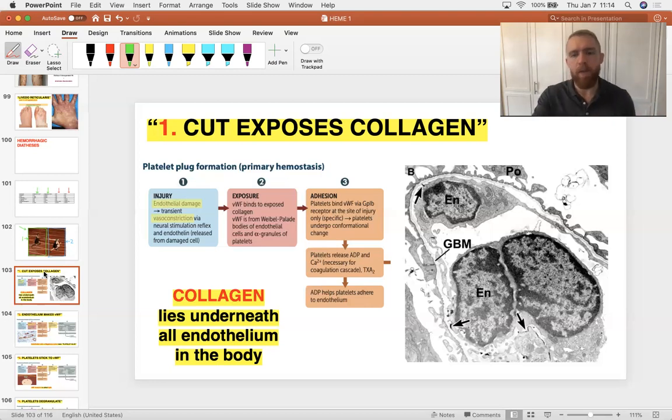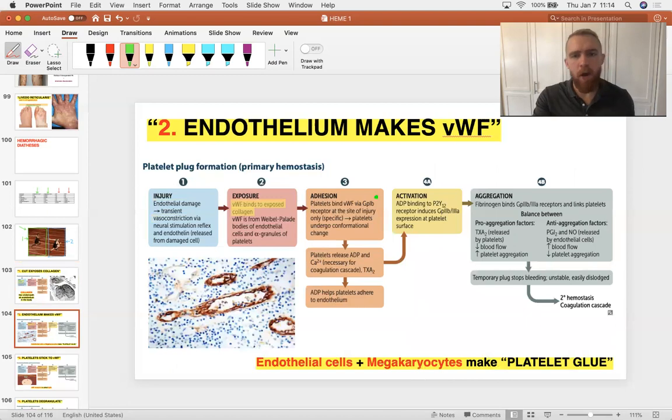Now what? Well, endothelium also makes this component called von Willebrand factor, which is just glue. It's platelet glue, and it's supposed to help platelets stick to the wall of an injured blood vessel. And endothelial cells make von Willebrand factor, and so do platelets.